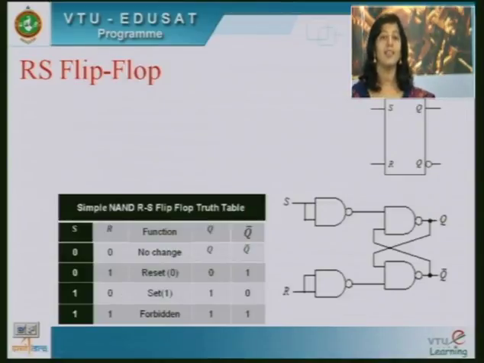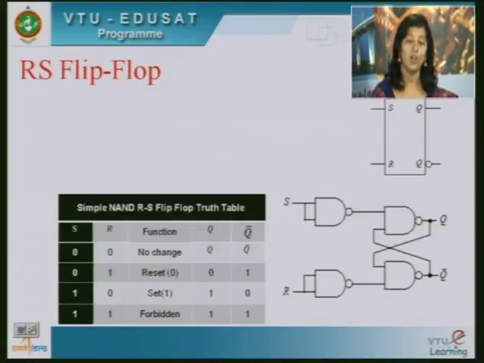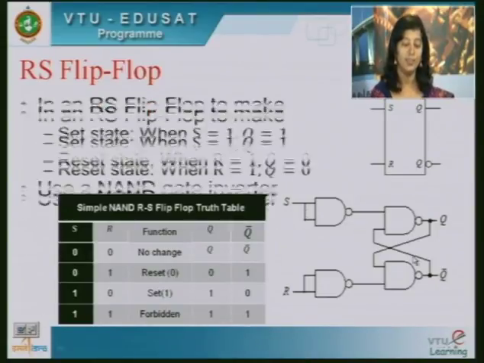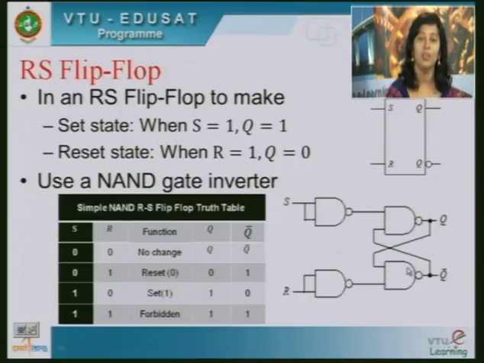So, next let us see what is an RS flip flop. An RS flip flop is just an extension of this latch, the NAND latch which we used. So, you can see the same NAND gate latch here as we have shown before, but I have two more NAND gates connected as inverters.